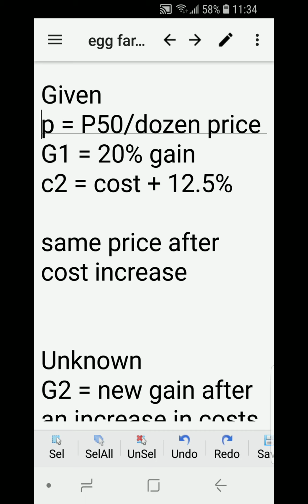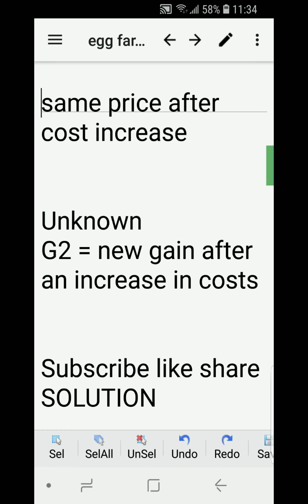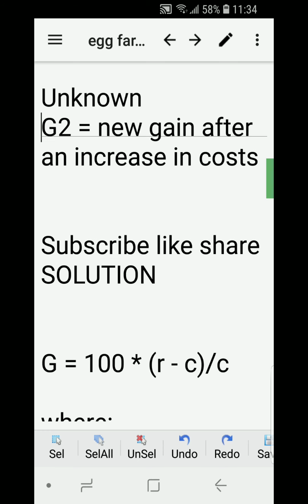So just by analyzing the given, we know that his gain will be lesser because he kept the same price even though his cost increased. Okay, so the unknown is to solve for G2, the new gain after an increase in cost.